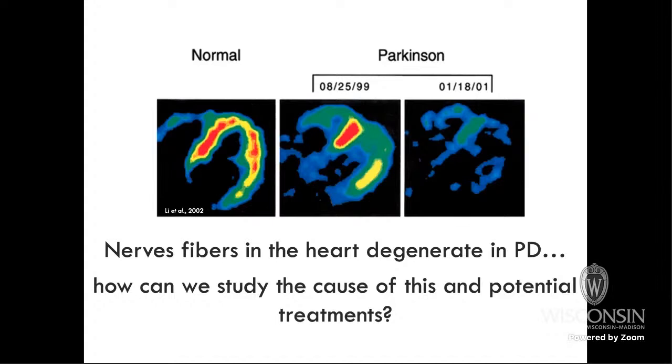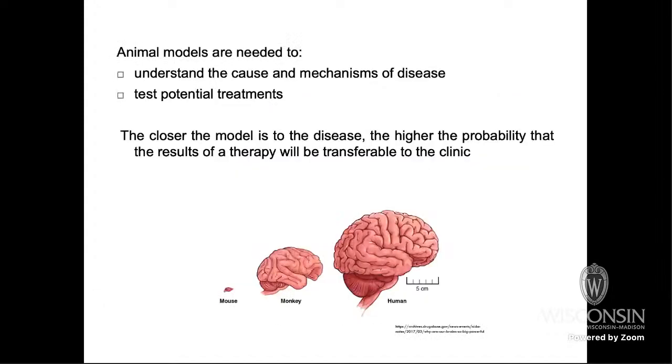So this brings me to a question that we already kind of got a sneaky answer to, which is how can we study the cause of this and potential treatments? So we'll talk about PET scans in a second, but first I wanted to talk about animal models, because of course today, while I do have some clinical images, I'm mostly going to be focusing on my work in a non-human primate model. So animal models are really important to help us understand the causes and mechanisms of disease. I have a feeling that Jordana already talked about this in more detail than I will go into today.